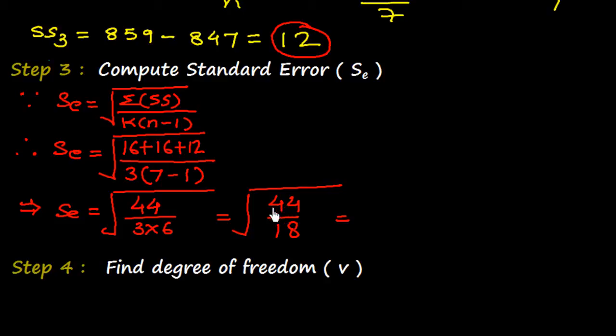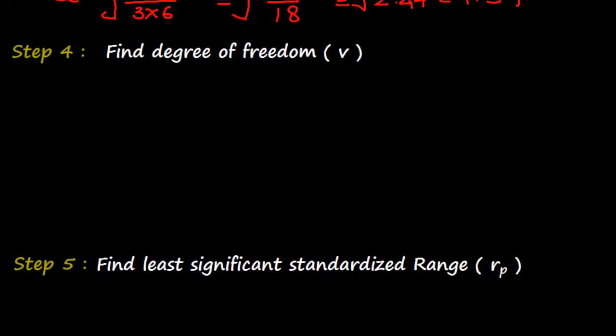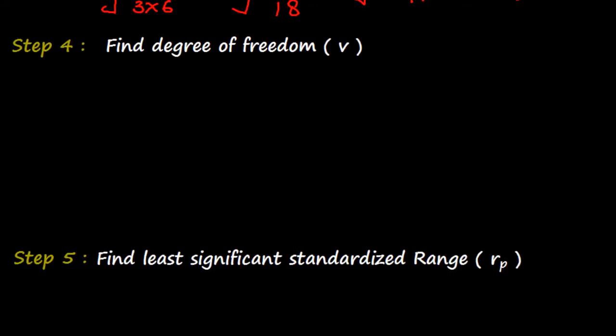If we divide 44 by 18, we get 2.44, and we find the square root of 2.44, we get 1.56. So we have got the standard error, SE. Now we have to find the degree of freedom.